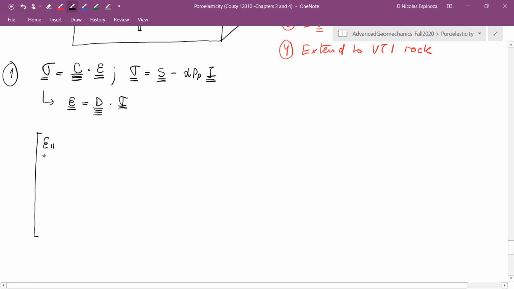We have epsilon 1,1, epsilon 2,2, epsilon 3,3, the volumetric linear strains along directions 1, 2, and 3, the shear strains, and according to the linear isotropic model, the compliance matrix looks like this.